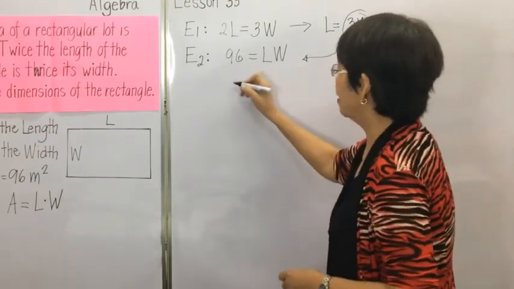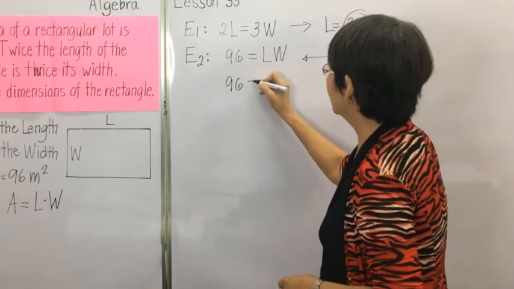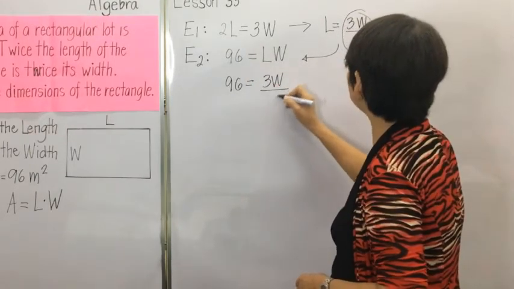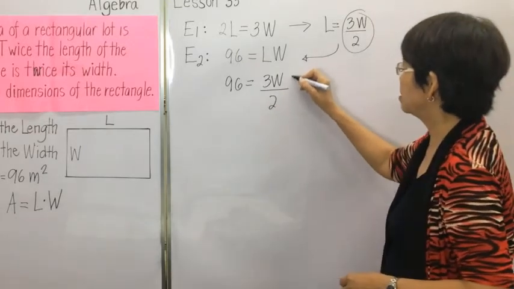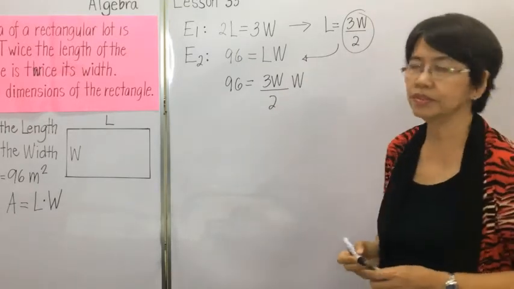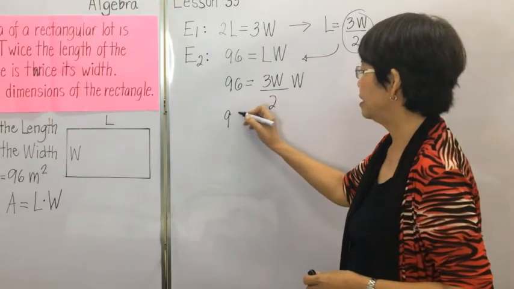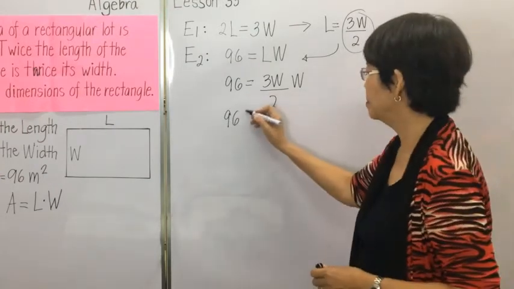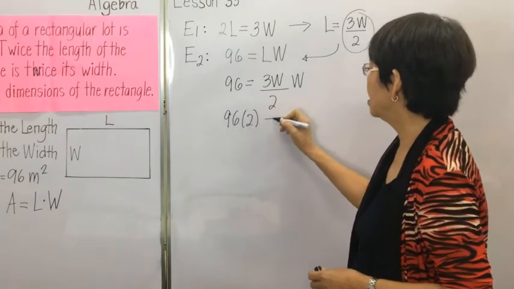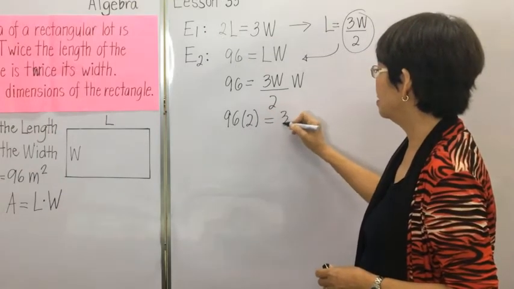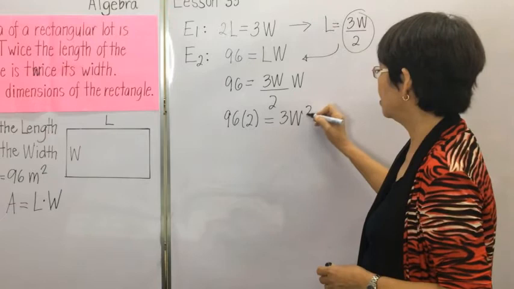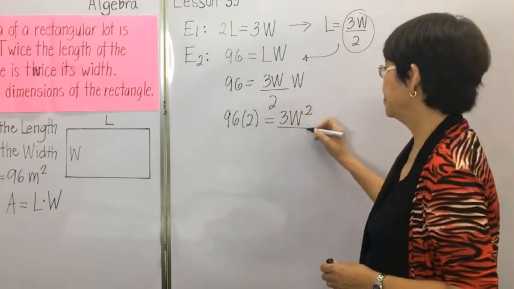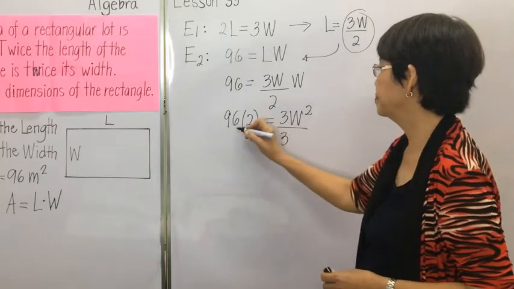And then we have 96 is equal to 3W over 2 times W. So we have 96, then multiply by 2 is equal to 3W squared. Then dividing both sides by 3.